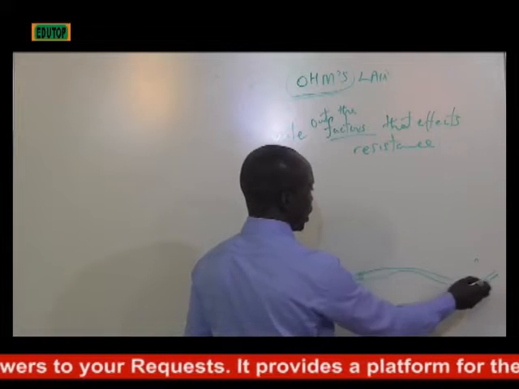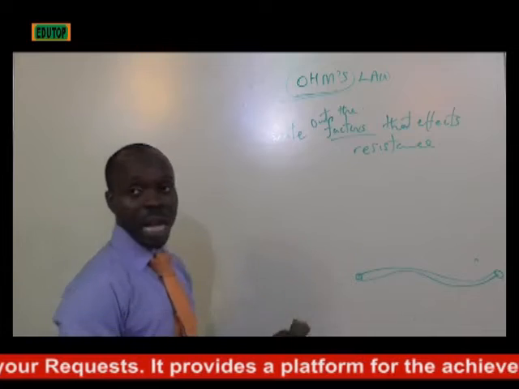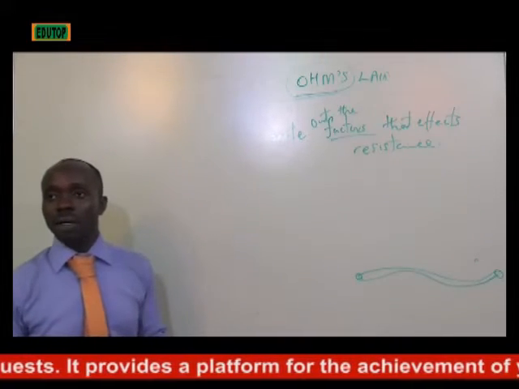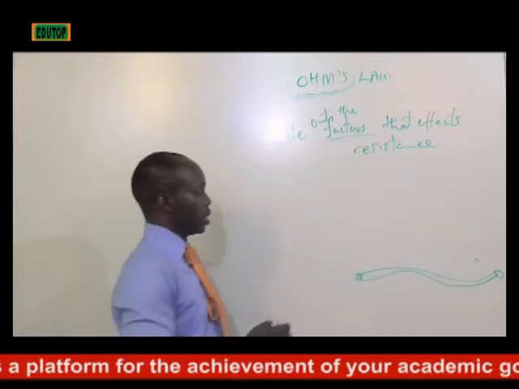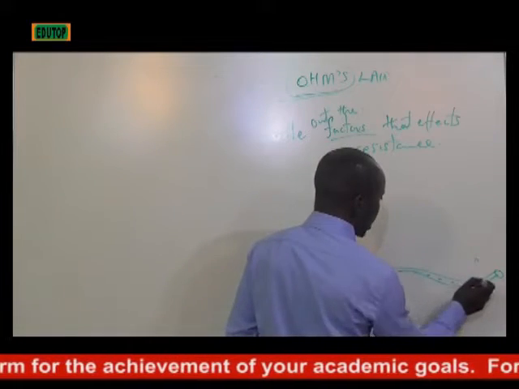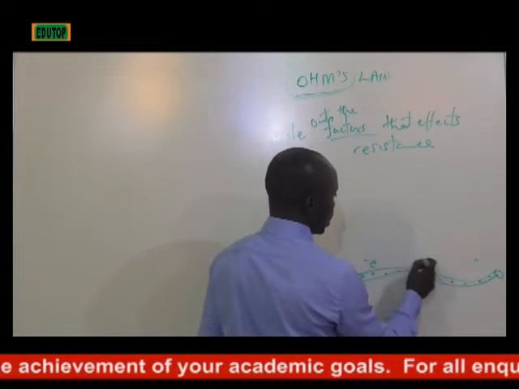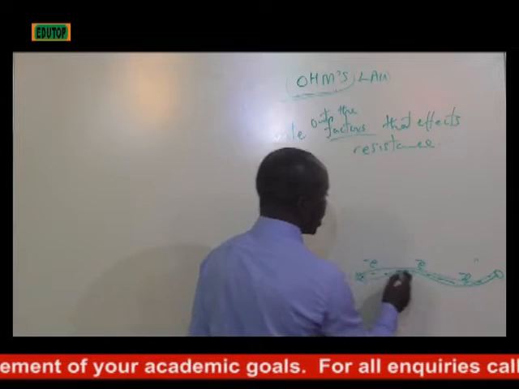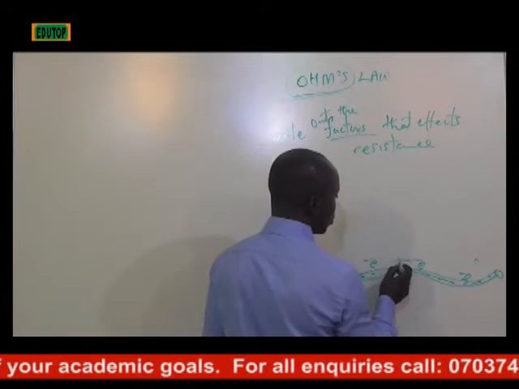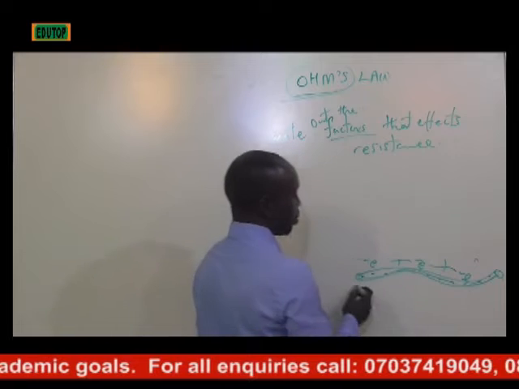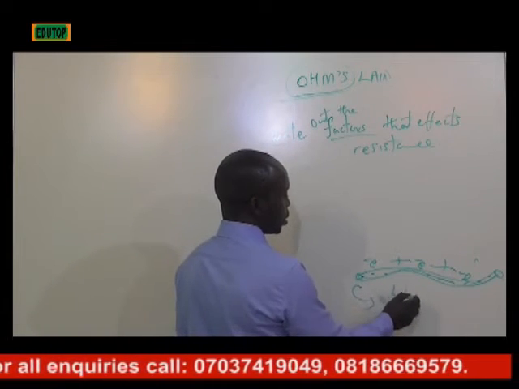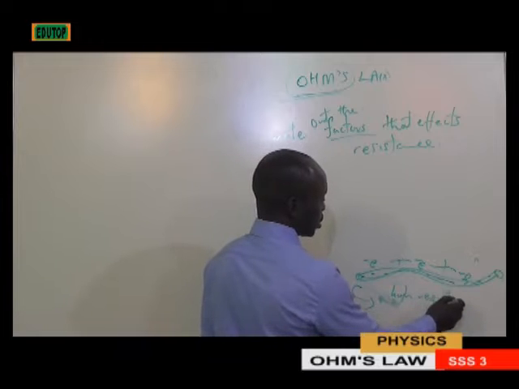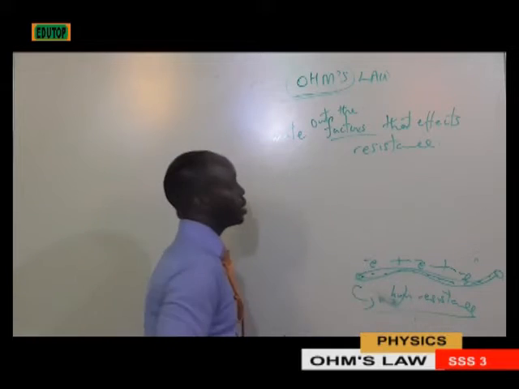If this is a metallic wire, what are the factors that affect the resistance of this conductor? I told you that this is free flow of electrons. When the material is not allowing a free flow, we say that material has high resistance. You understand? So we are looking at resistance in this case.